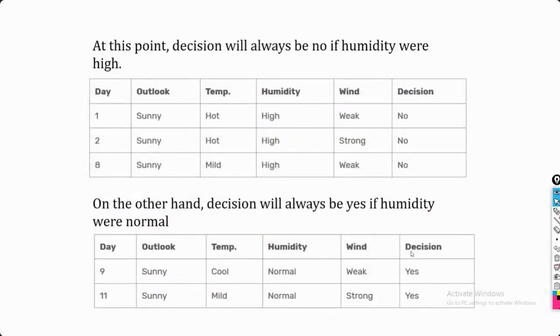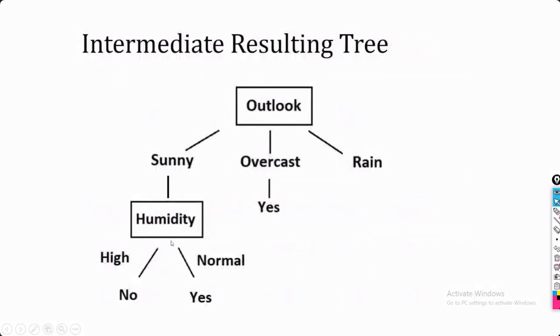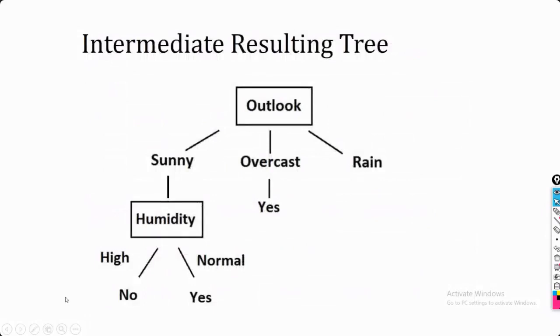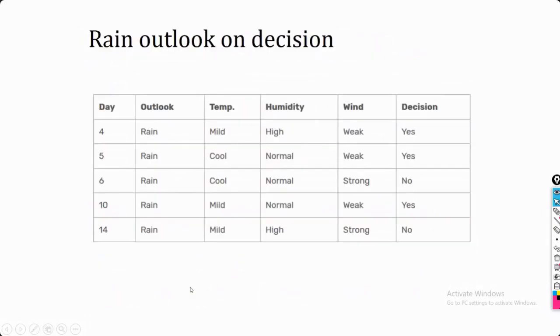When the outlook is sunny and the humidity is high, all the decisions are negative. And when the outlook is sunny and the humidity is normal, the decision is yes. That means all the instances are following one class, so this is a clear division.